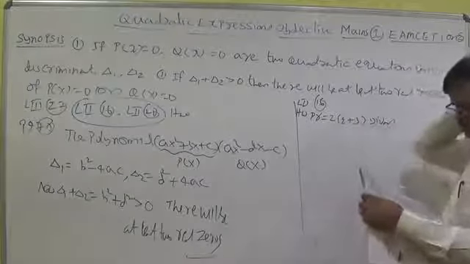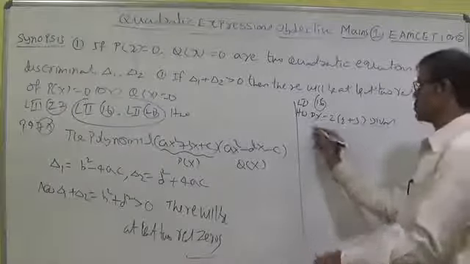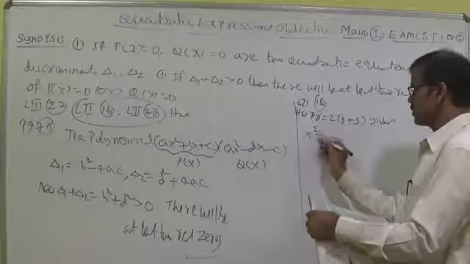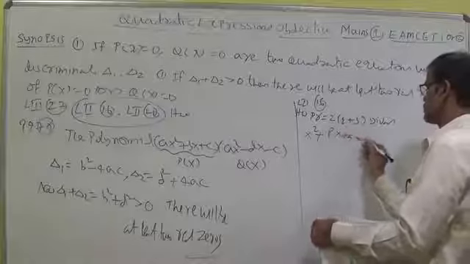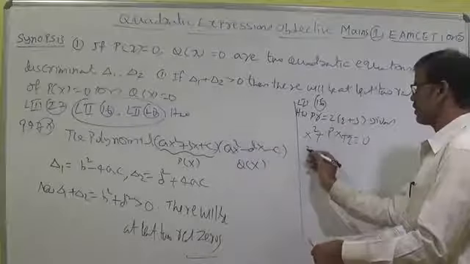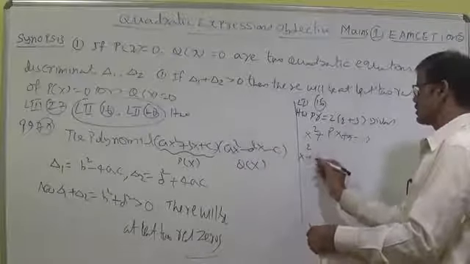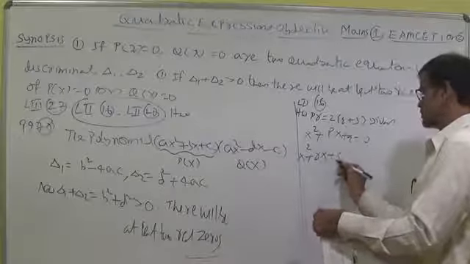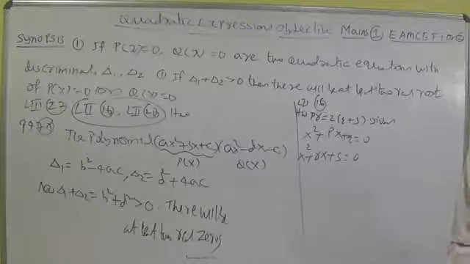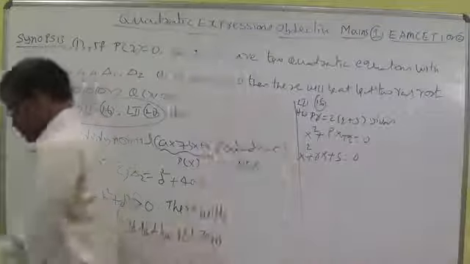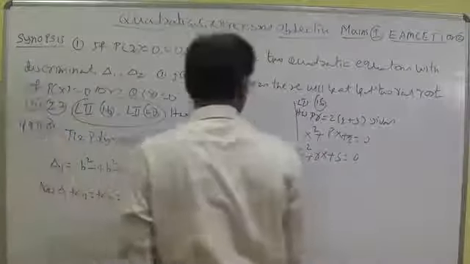And the equations he has given are x square plus px plus q is equal to 0, and x square plus rx plus s is equal to 0. Depending on this question, we should verify which option is correct.